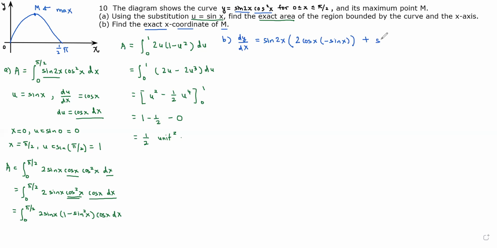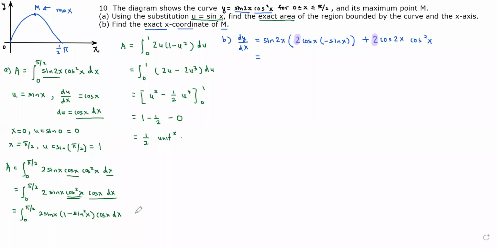Now we hold cos x and differentiate sine 2x. When we differentiate sine 2x, that becomes cos 2x, and when we differentiate 2x with respect to x, we have a 2 here. And we have cos x. So dy dx here, let's have a look at this. You can see that there's a 2 here, and a 2 here, which is common.